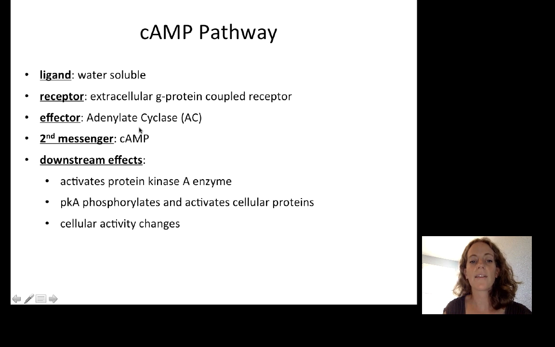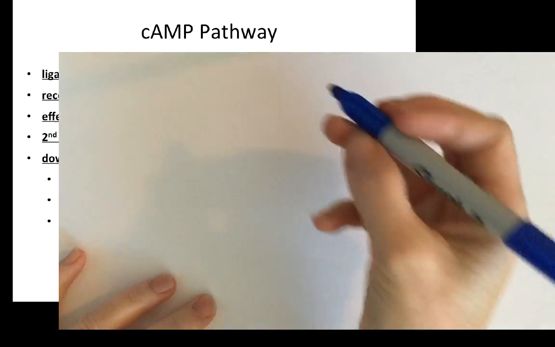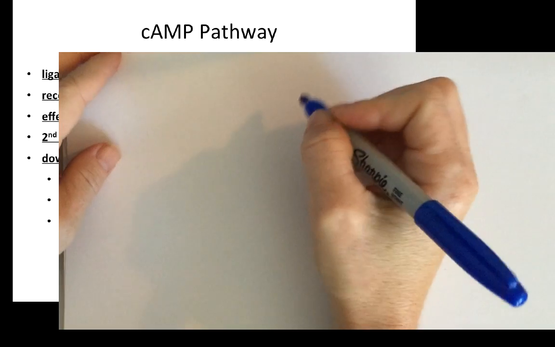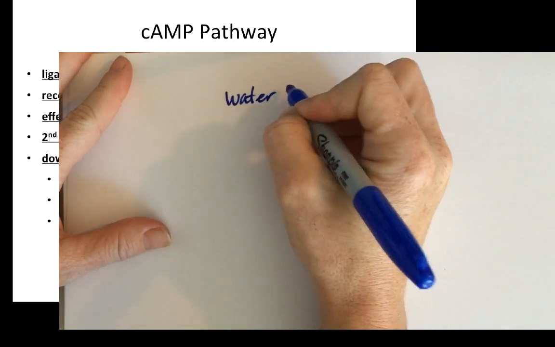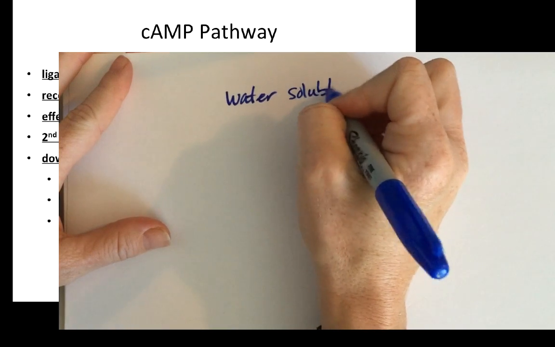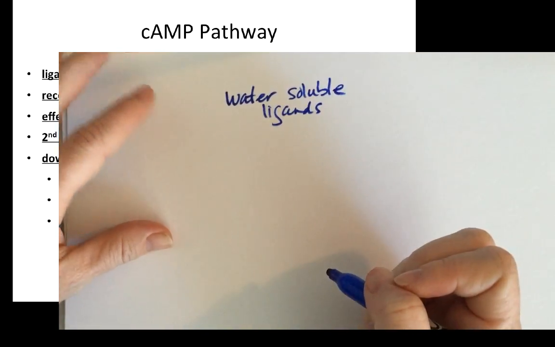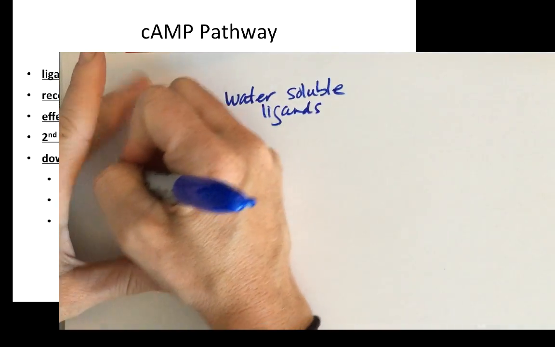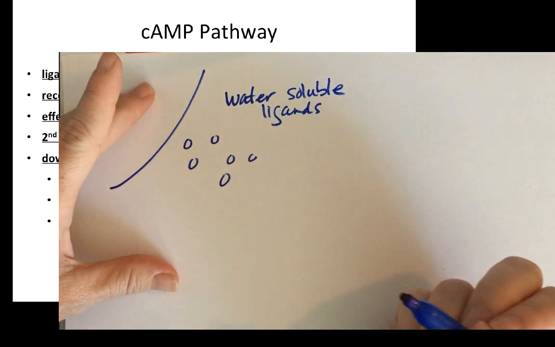So we're going to draw this out and then we'll come back to the specifics. For the cyclic AMP pathway, we are talking about water-soluble ligands. So we're going to have a cell that has released a chemical.